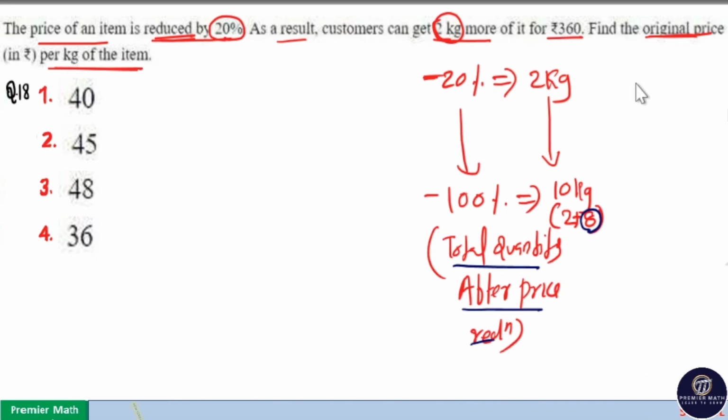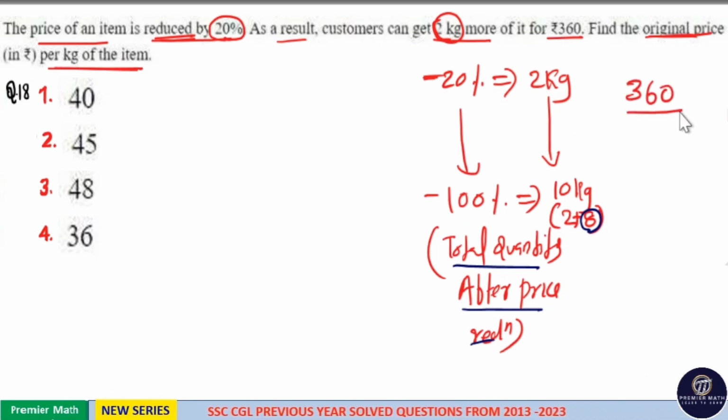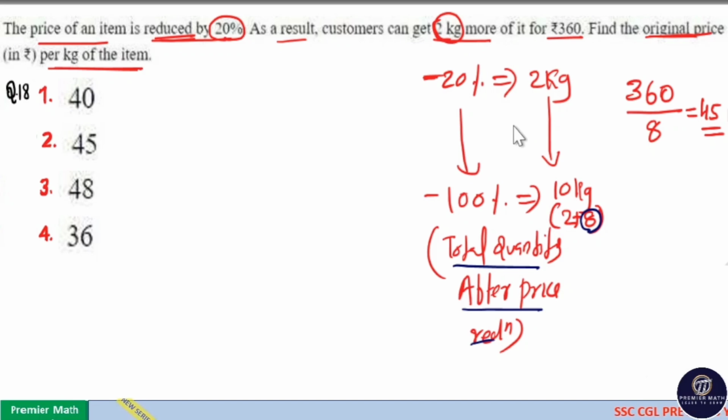So the total price is 360 divided by the original quantity of 8 kilogram, which is equal to 45 rupees, because we have already said this 20% reduction leads to 2 kilogram and this 10 kilogram is derived from this 2 kilogram. That's why this is the total quantity after price reduction.